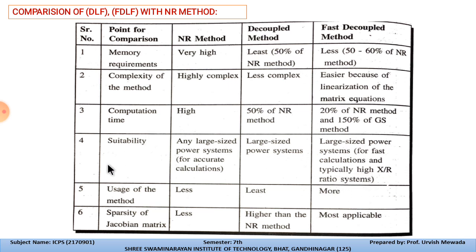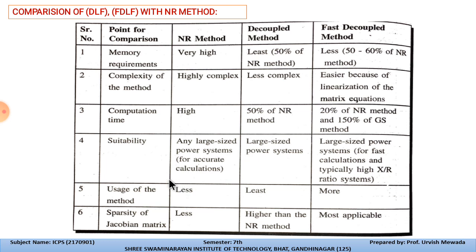The fifth point considered is uses of the method. The NR method is used less compared to the FDLF method. In the case of the DLF method, the use of the method is less, and over here you can see the use of the FDLF method is more compared to the NR and decoupled methods.